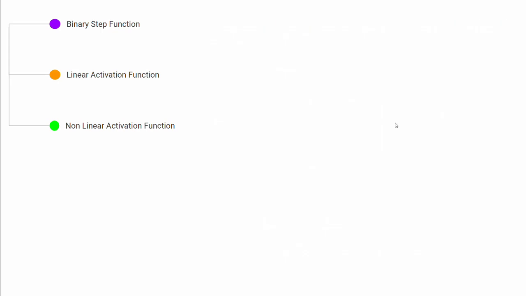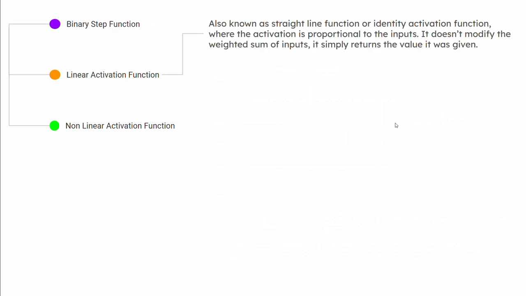Next we have the linear activation function. What is the linear activation function? It's also known as the straight line function or identity activation function, and it's proportional to the input. If you increase the input, the output will increase. If you decrease it, the output will decrease.